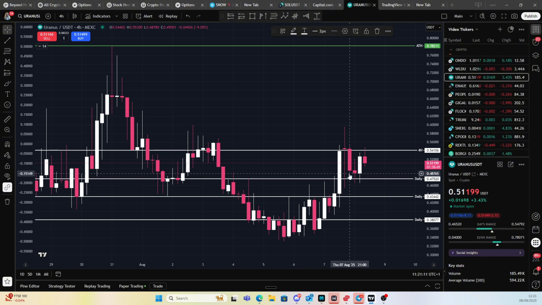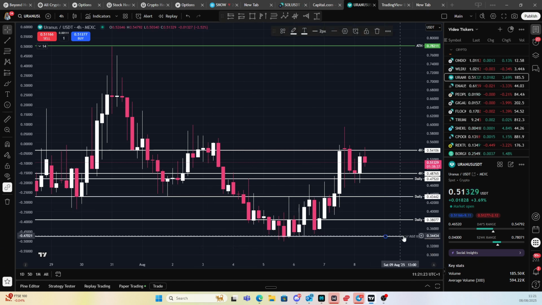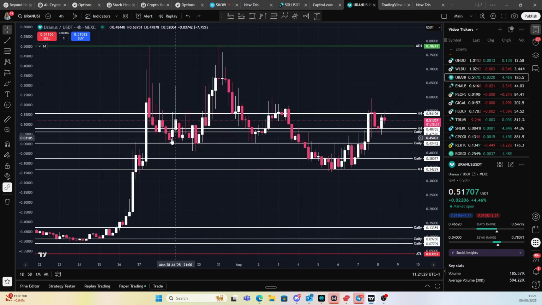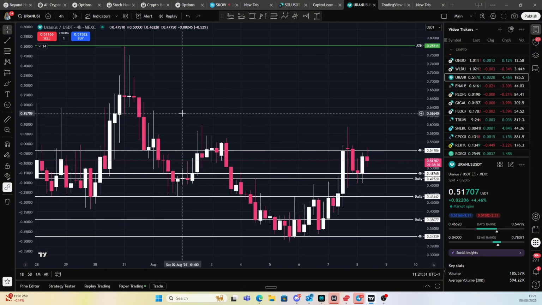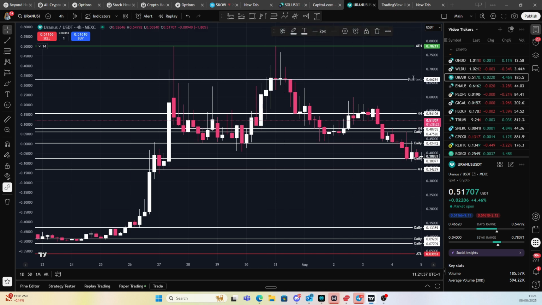We've got a 4 hour level here. We've got a 4 hour level down here. You can see that rests on there, and then if we go up, we can see a 4 hour level here up towards the highs.